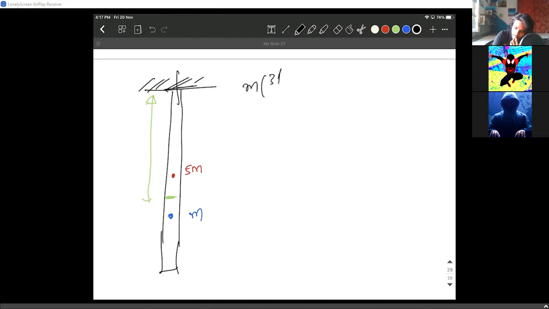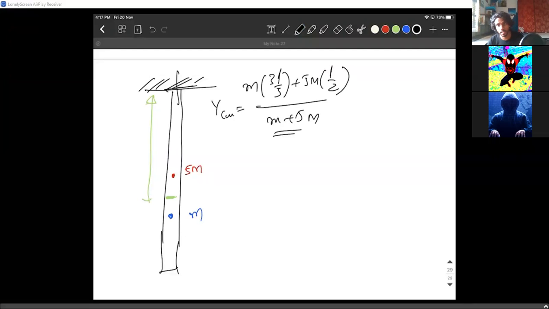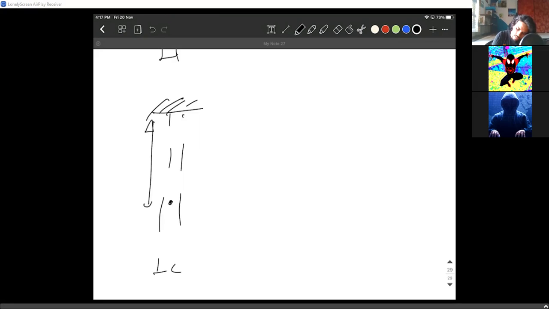M into 3L by 4 plus 5m into L by 2, divided by m plus 5m. Everyone remembers how you find the value of YCM, I hope. Once you find the center of mass, you can simply take the whole system, no matter what it is, as being at that new distance, the center of mass distance. Let's call this YCM only.